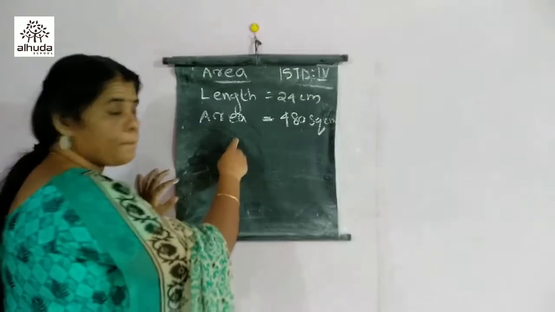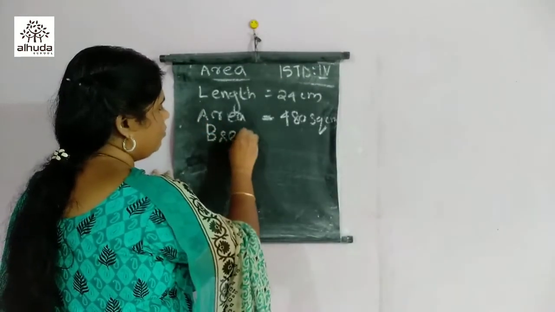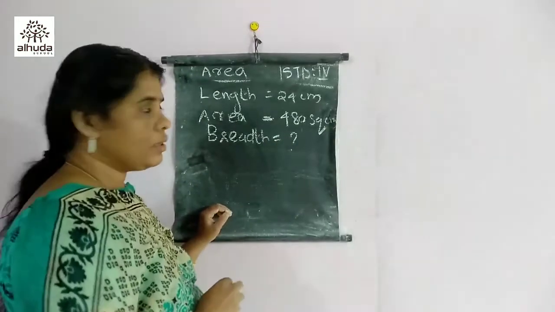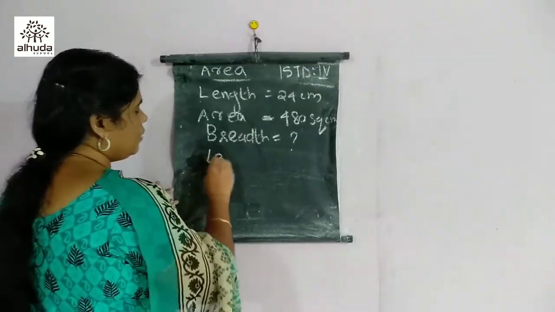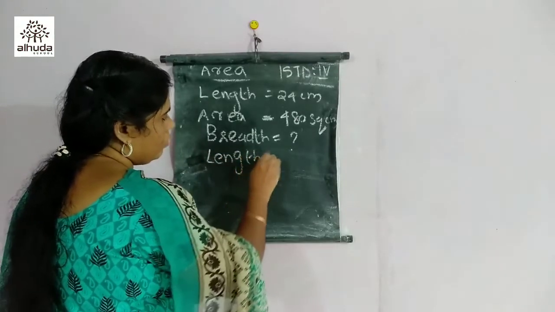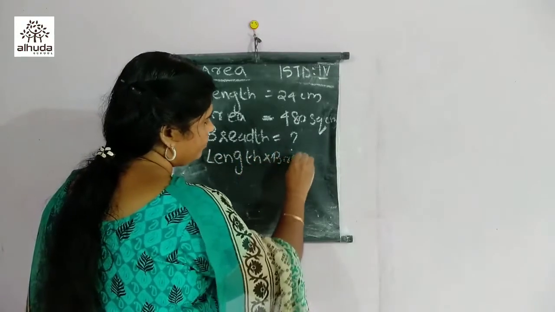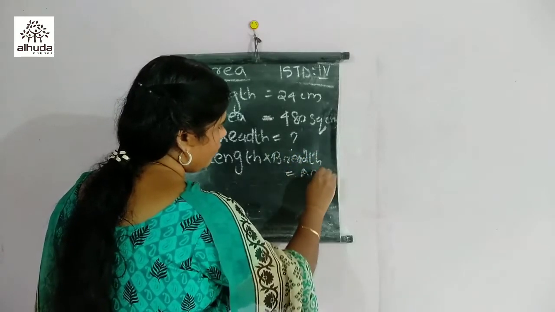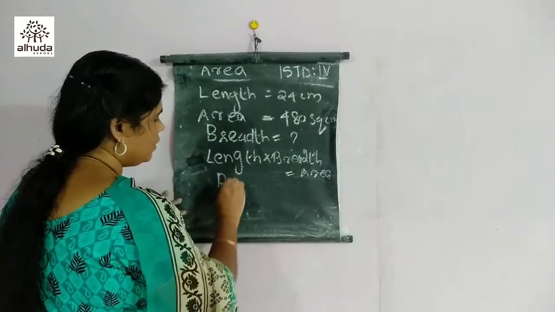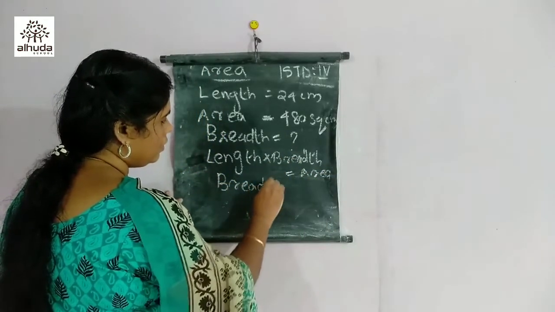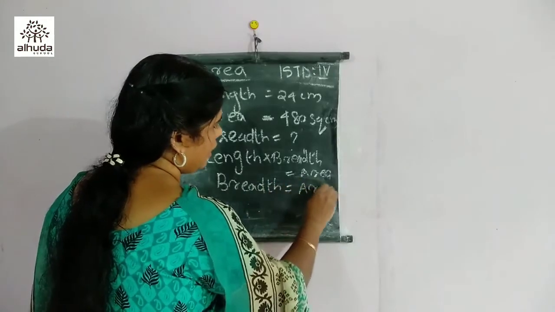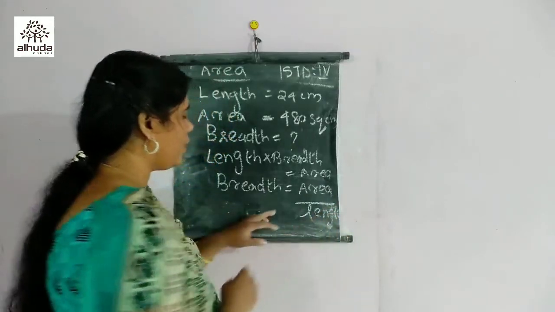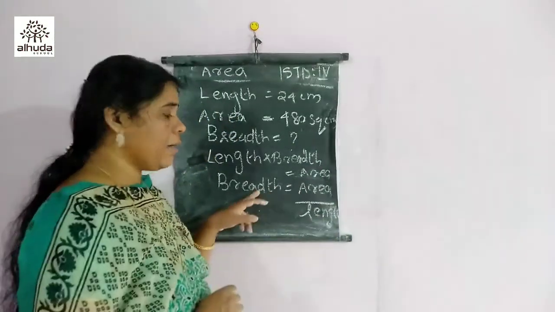We should find the breadth. We know that length into breadth is area. So if we want to find the breadth, we should divide the area by length. If we want to find the length, then we should divide the area by breadth.